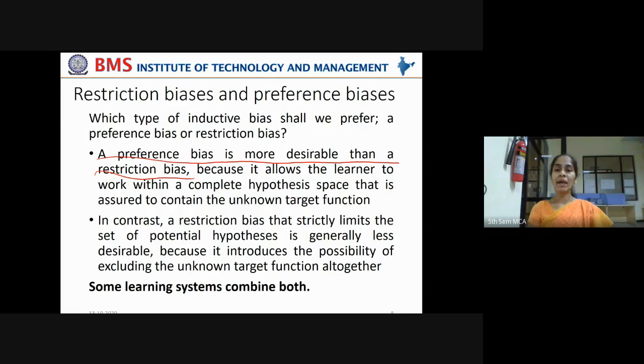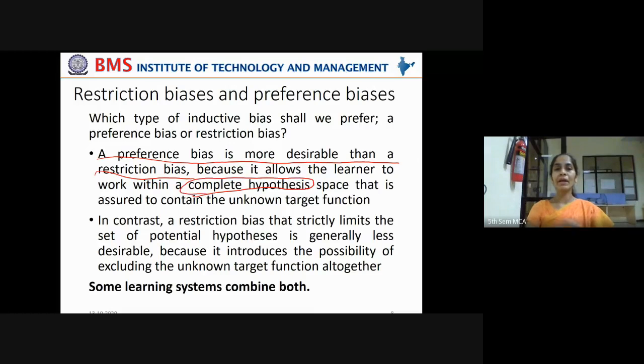A preference bias is more desirable than a restriction bias. Why? Because it allows the learner to work within a complete hypothesis space that is assured to contain the unknown target function.